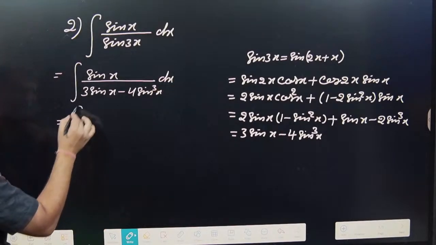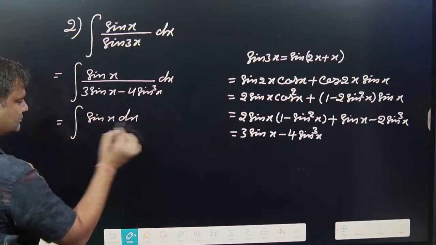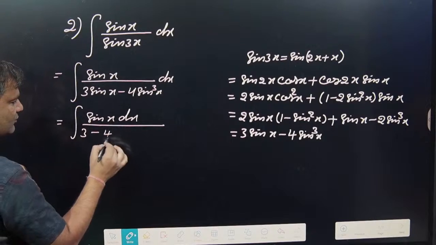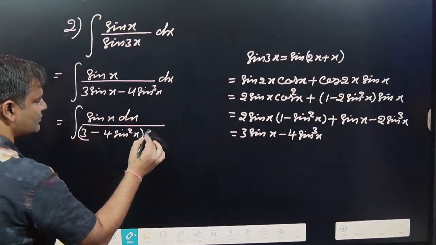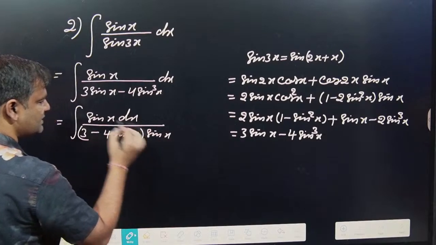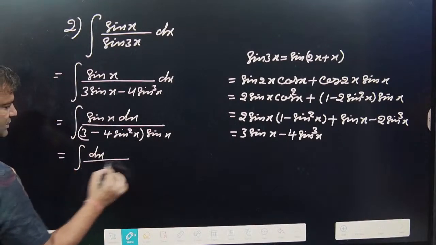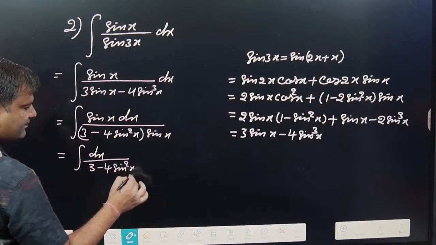If sin x is common in numerator and denominator, then 3 minus 4 sin square x into sin x. So this sin cancels. We got dx divided by 3 minus 4 sin square x.